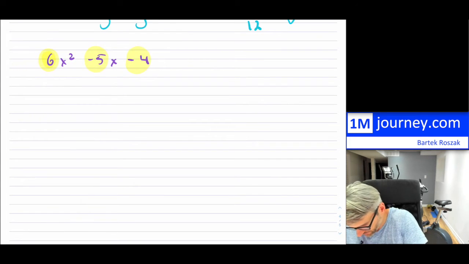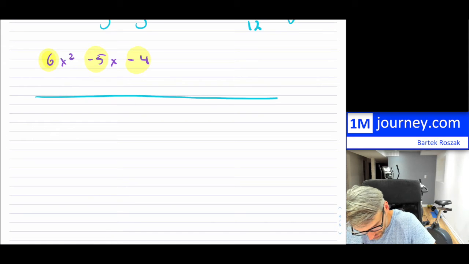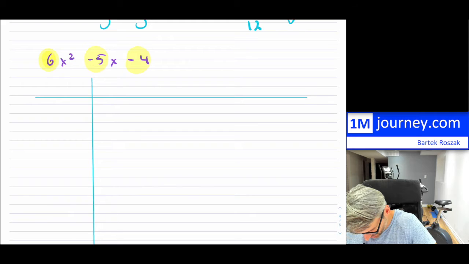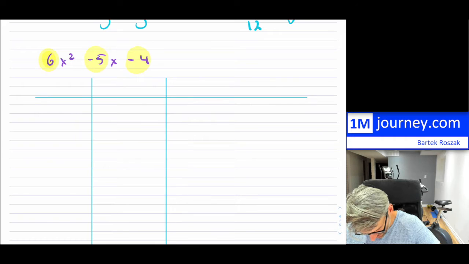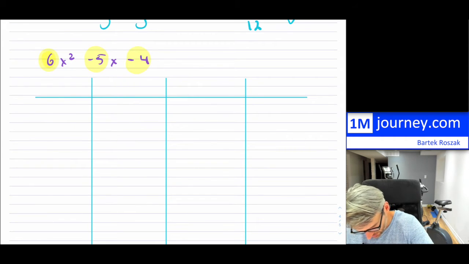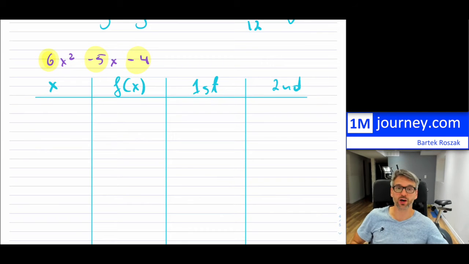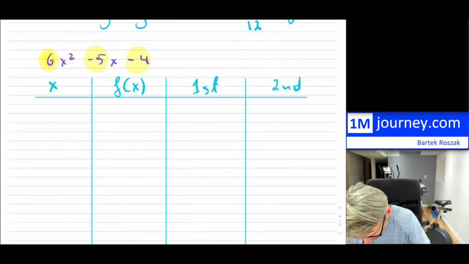I guess I'll do it in fast forward fashion here. So I'm going to fill this table up so that we have our x value, we have our f of x value, then we're going to have our first difference. This is going to be my first difference, this is going to be my second difference. So that's my x, this is going to be my f of x. All right, so let's do it.